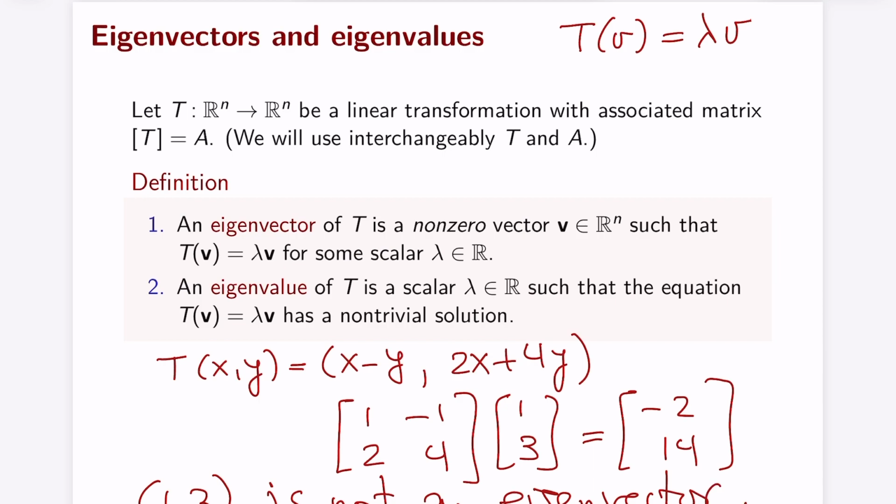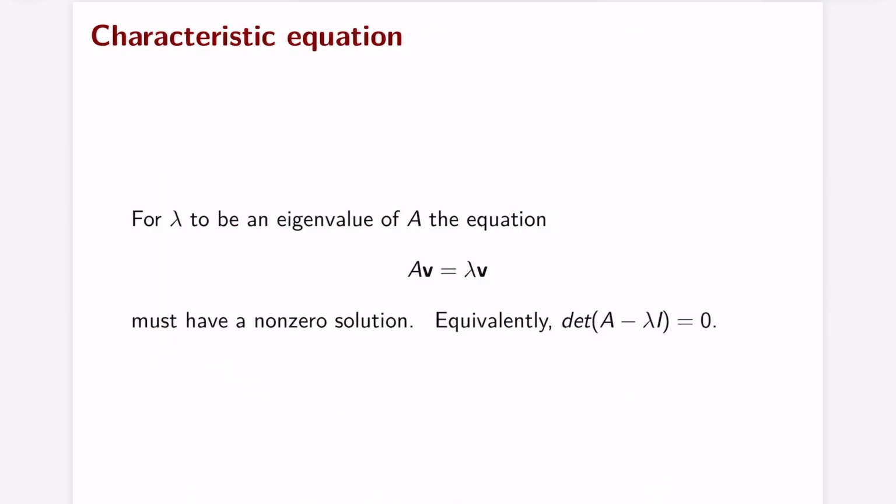Okay, so that's the idea of what an eigenvector and eigenvalue is. We can see also that these eigenvalues are obtained by writing this equation. Let's just use A now for the associated matrix. By writing this equation, we see if we can find a solution here that is not 0.